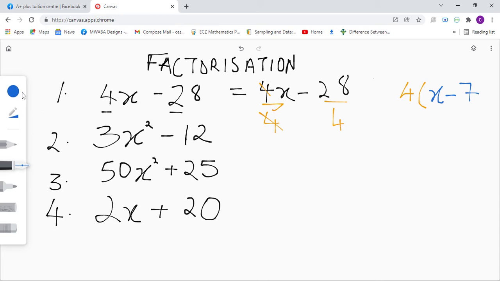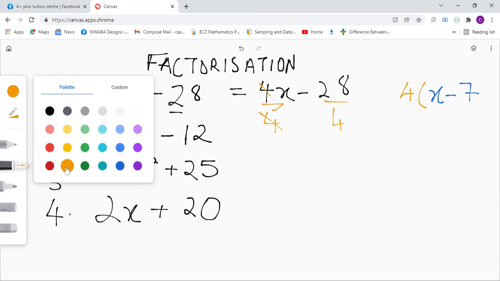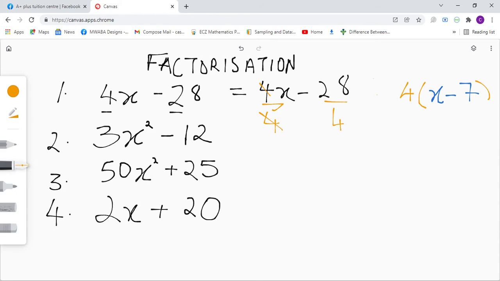So our answer is 4 times (x minus 7). You can expand this bracket to confirm: 4 times x is 4x, and 4 times negative 7 is negative 28.